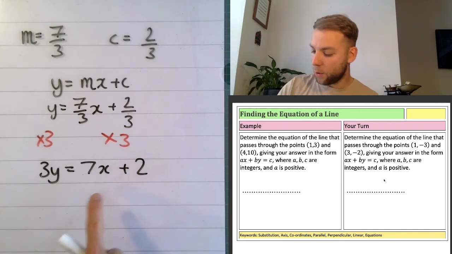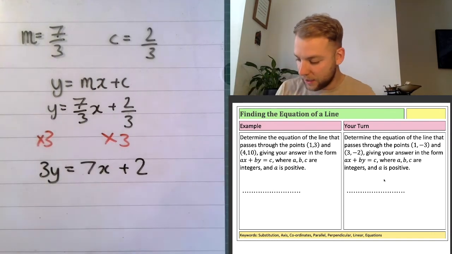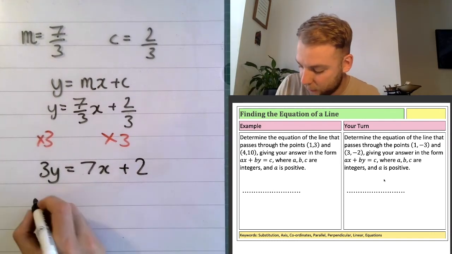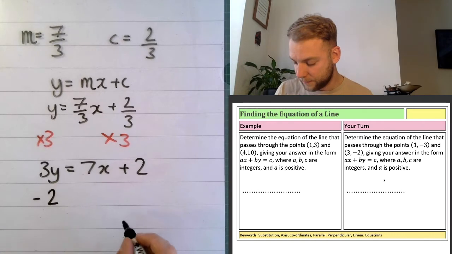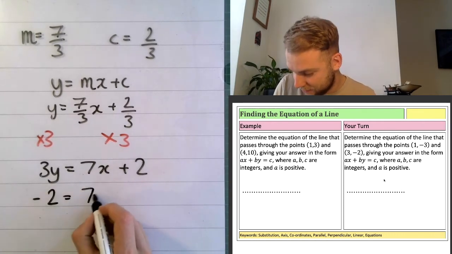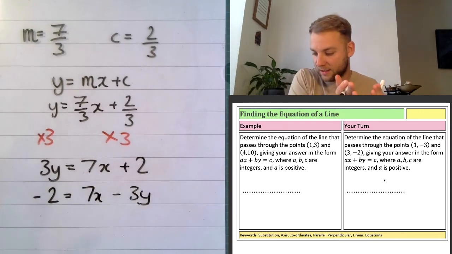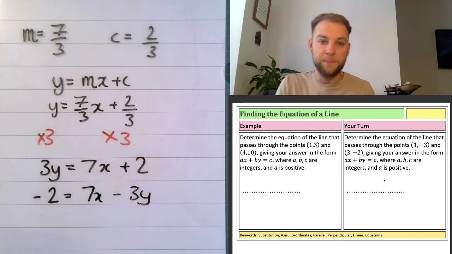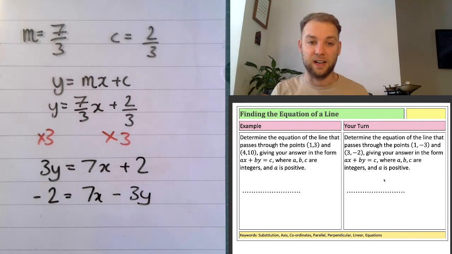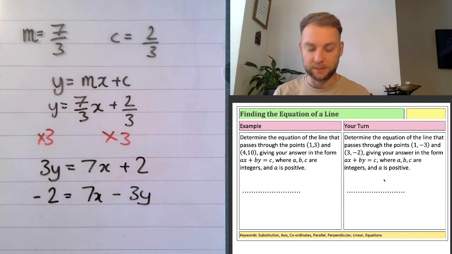So I'm going to take the 3y over and bring the 2 back. If I take the 2 over to this side, I'm left with minus 2 on this side. If I take the 3y over, I'm going to have 7x, that stays where it is, minus 3y. I've taken the 2 over to this side, so subtracted 2 from both sides, and subtracted 3y from both sides to get 3y on this side.